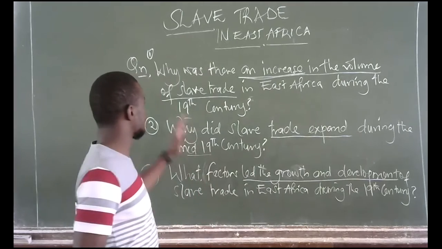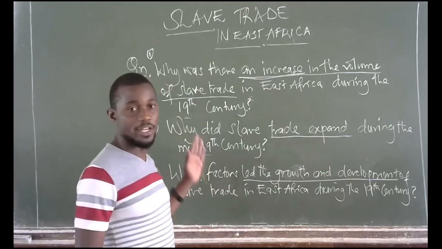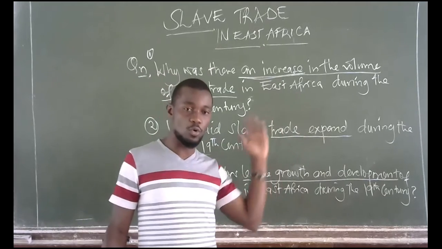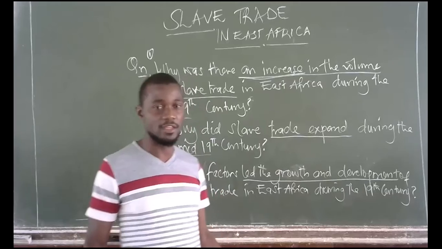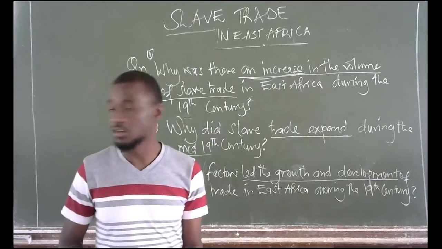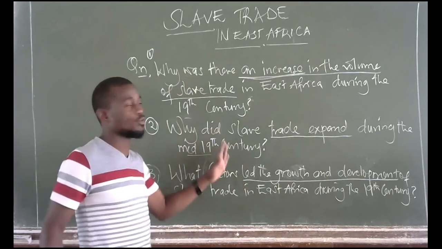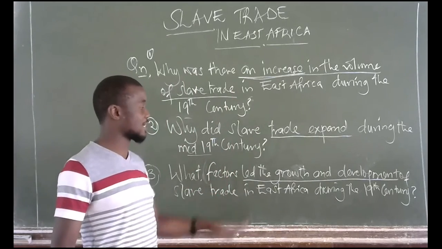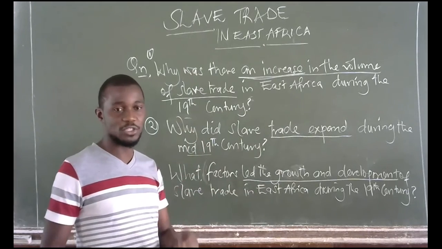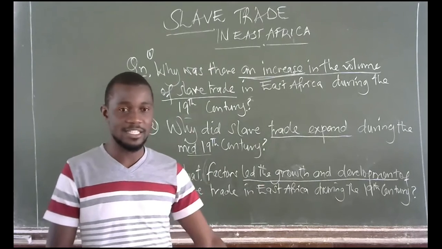Not forgetting that this is a question, and if it is part A of the question, we need to write what we call the introduction, which we went through at the beginning of our lesson today. We looked at what an introduction implies and what it needs. So before you come down to the body, to write the factors, you are supposed to give us an introduction, introduce to us what slave trade implies and what it means.